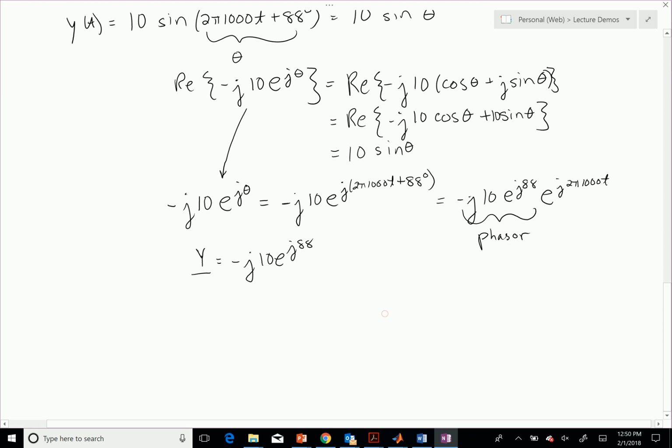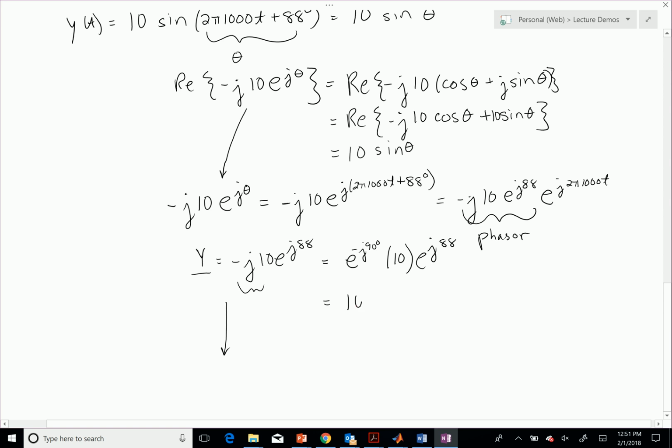So if I write that out, again, remember this guy here is e to the negative j 90 degrees, right? Because he's a vector that's pointing straight down with a length of 1, right? So that's a negative 90 degree angle times 10 times e to the j 88. So I have two complex numbers multiplied, so I multiply their magnitudes and I add their angles.